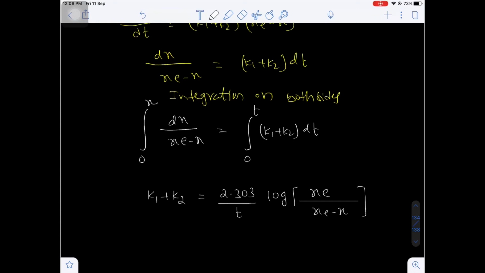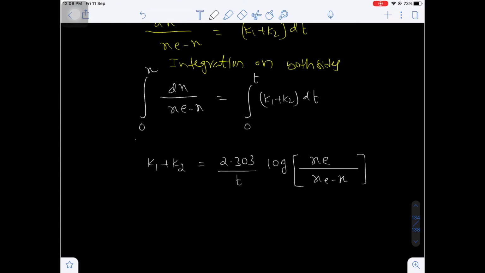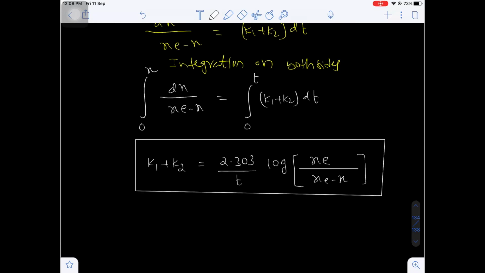This is the final expression, and it is very, very important. We have to remember this expression to calculate the rate constant in the forward direction or backward direction, or to calculate the equilibrium constant, or the time interval, or the amount of reactant or product at equilibrium. Are you getting my point?